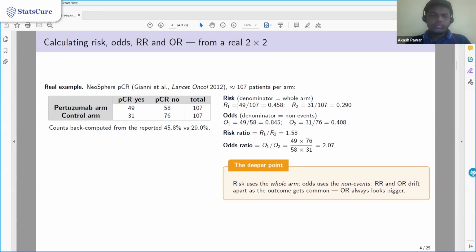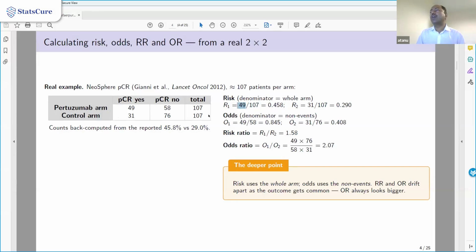Calculating risks basically stands upon two parameters, risk 1 and risk 2. Risk 1 is for the pertuzumab arm: 107 were treated, and out of that 49 had PCR.